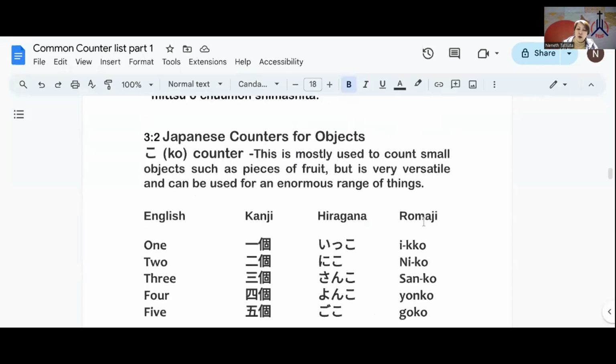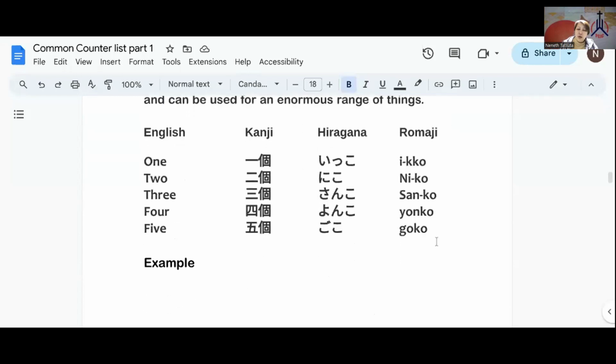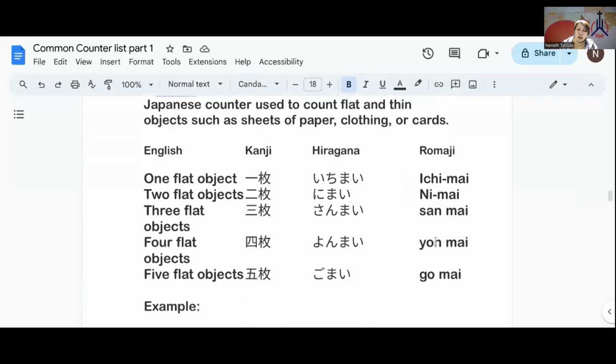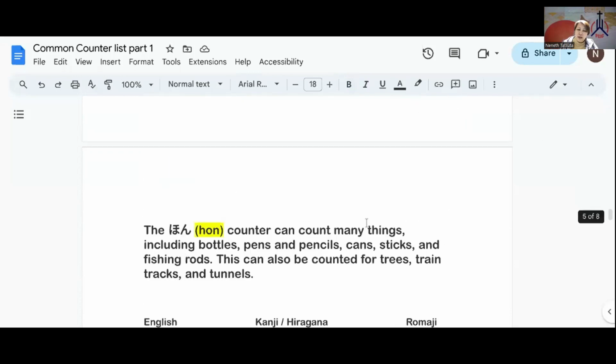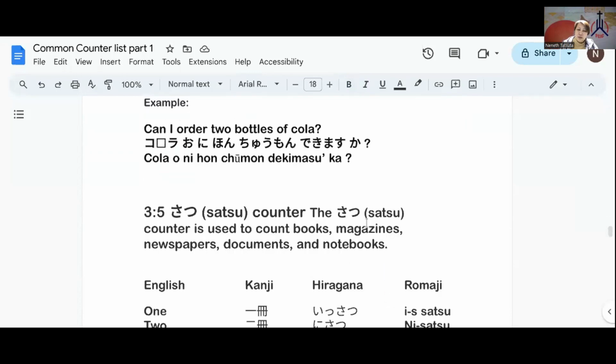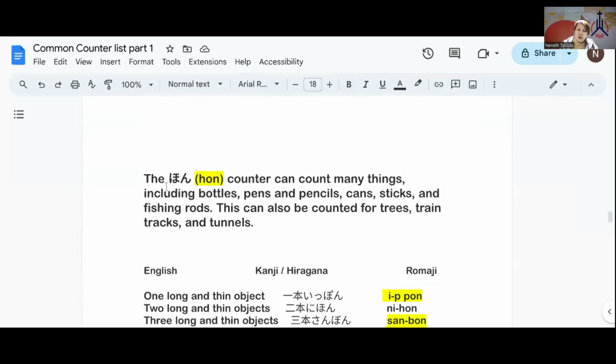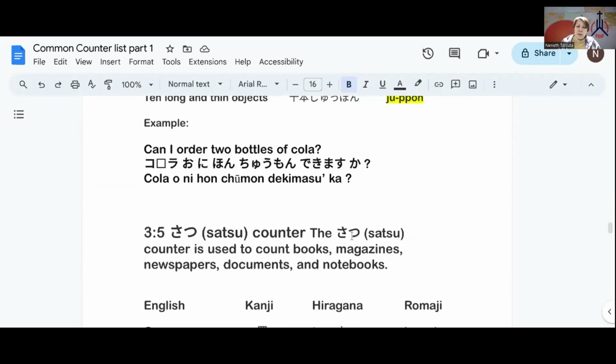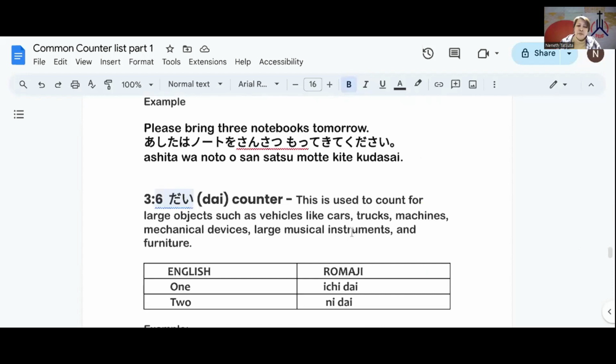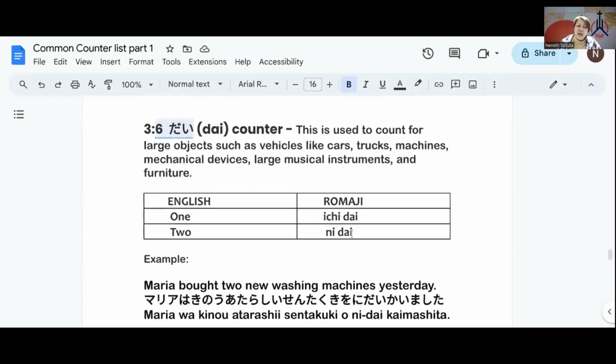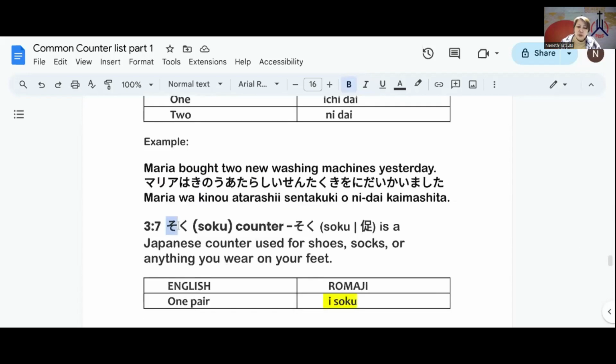And then the ko: ikko, niko, sanko. And then the mai, also used for paper, and then satsu. The hon will also be in your exam: ippon, nihon, sanbon. And the dai can also be soku.